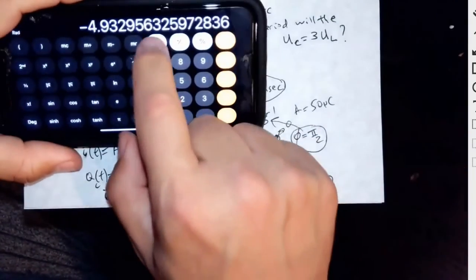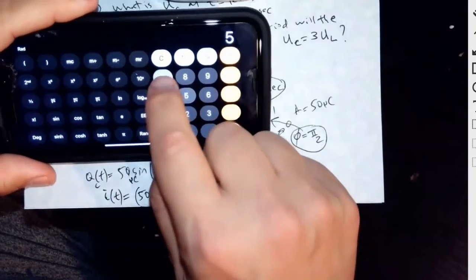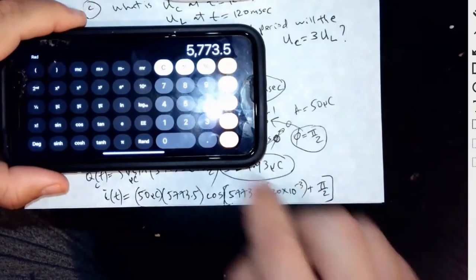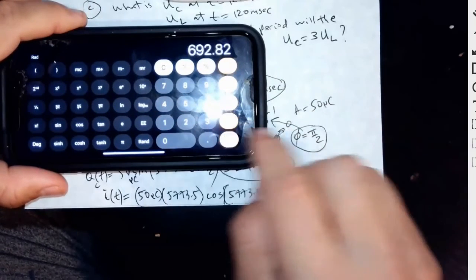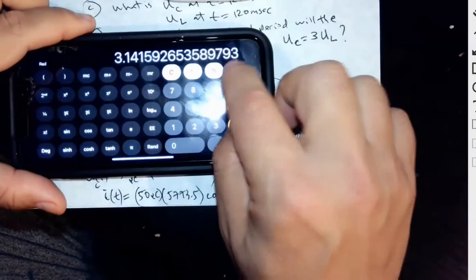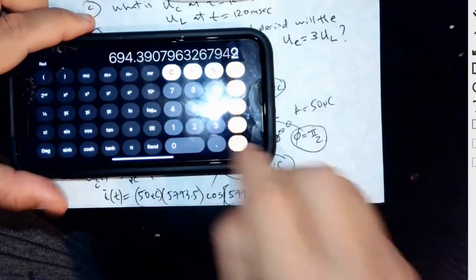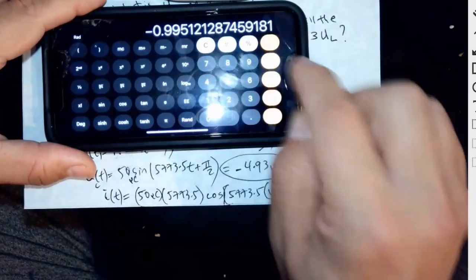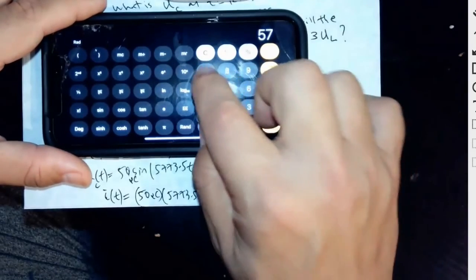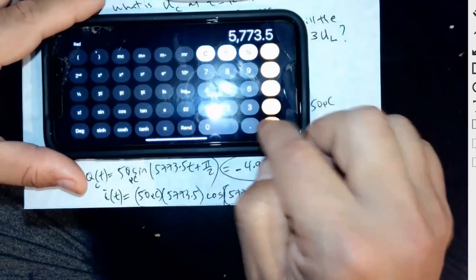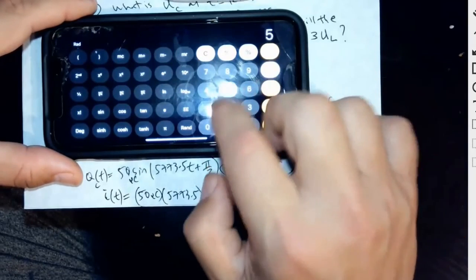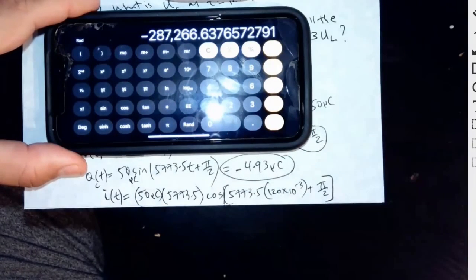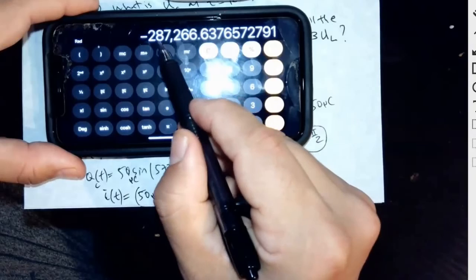So 5773.5 times 0.12, plus pi divided by 2, cosine, times 5773.5 times 50 micro.